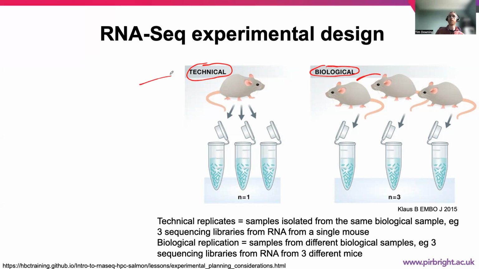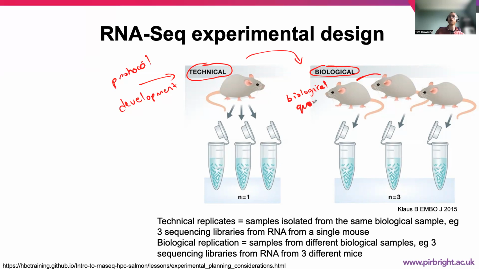If we're looking at protocol development, for example, technical replicates can be useful because that will tell us if we have issues with our protocol. We can then subsequently apply these protocols once they're developed and streamlined to biological samples, because that will tell us more about the biological question that we have at hand.